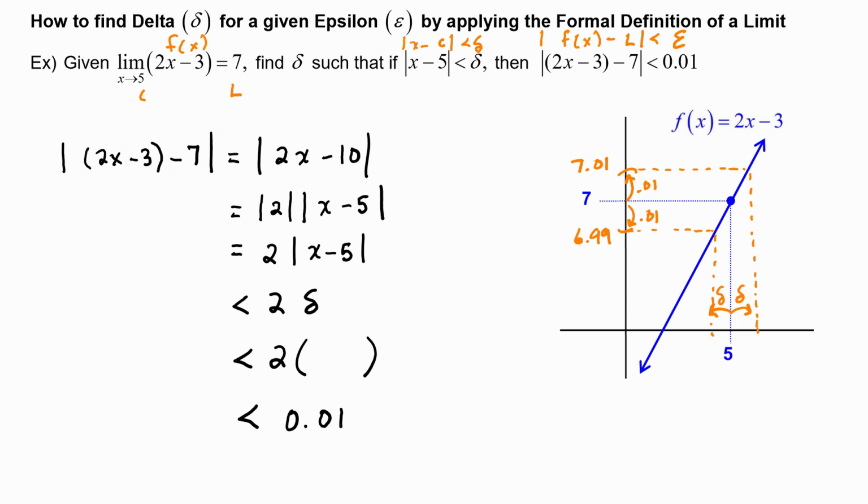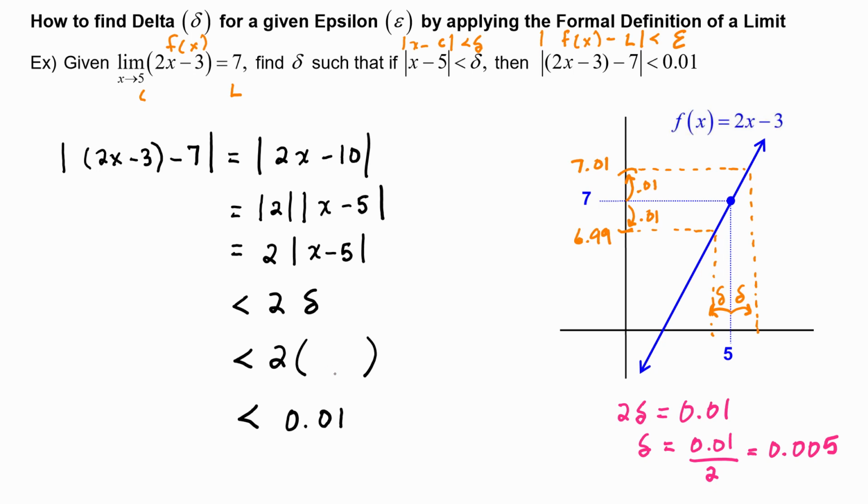So what this does is help us figure out what delta needs to be, because 2 times whatever we put in for delta has to work out to be 0.01. So 2 times delta, let's let that be 0.01, then delta is going to equal 0.01 divided by 2, which is 0.005.